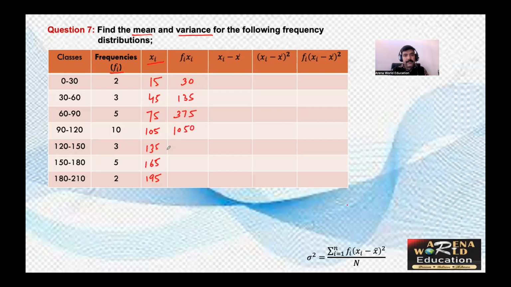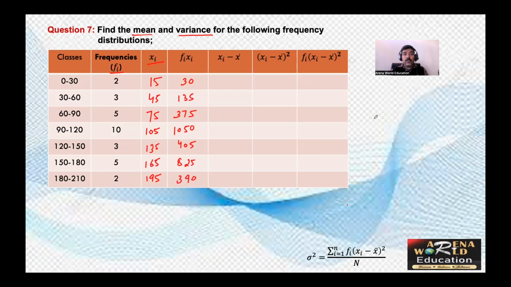And 3 into 135 will be 405. 5 into 165 will be 825. And 2 into 195 will be 390.